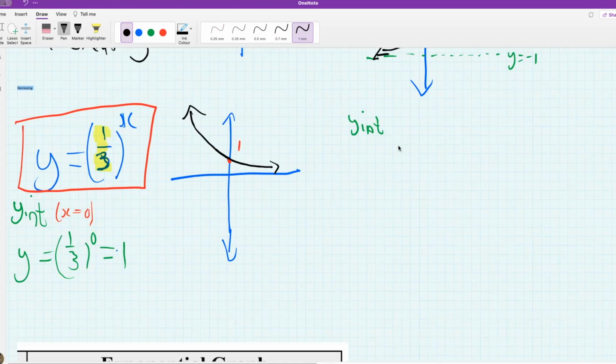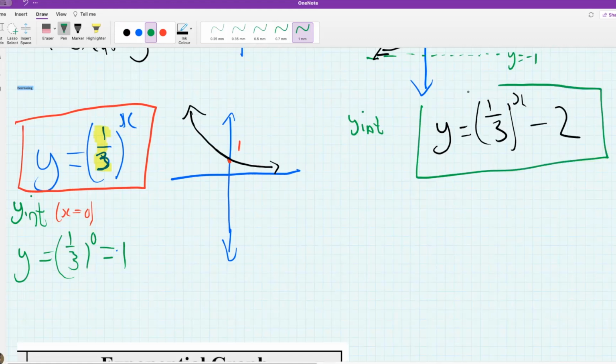Now, I want you guys to try and draw this exponential function for me. And what I'm going to say is that part of the step is going to be, first of all, step 1 is to determine what do you think the shape is. Step 2 is going to be to find the y-intercept.